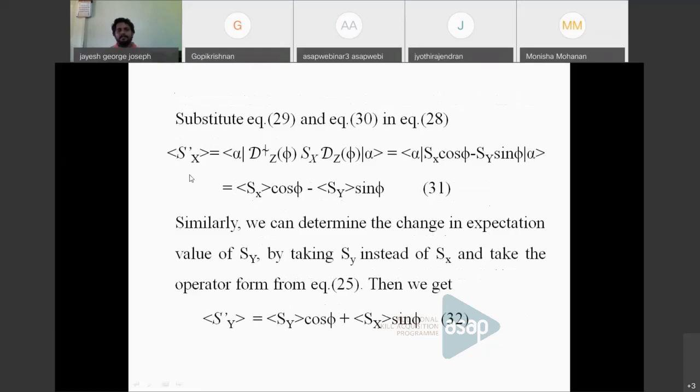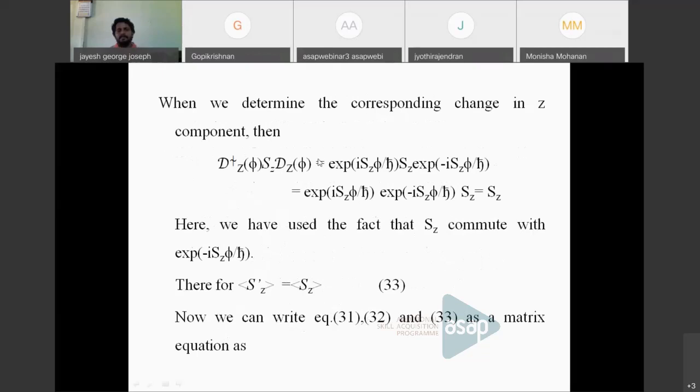Similarly, if you determine Sx, the result is this one. And similarly, if you determine Sy, this is that quantity. And regarding Sz, if you determine the value of Sz, the component is this one.